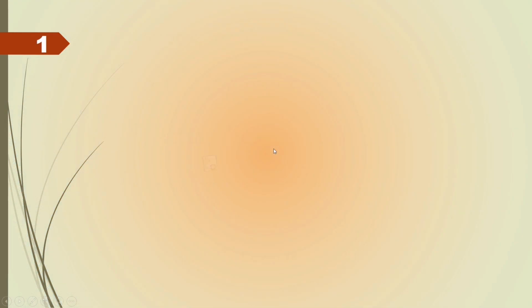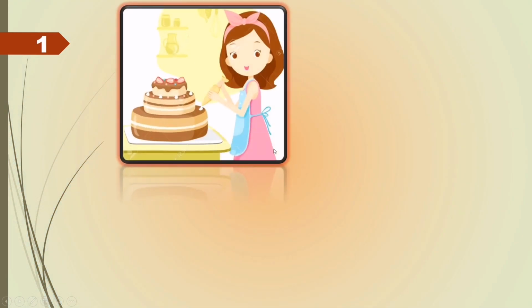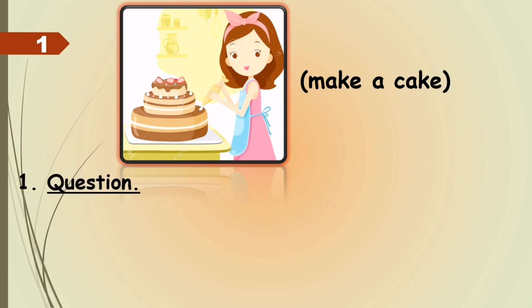The first picture. Look at the picture and the phrase given. Make a cake. First, ask a question based on the picture. Remember the question order. Begin your question with what, then the verb to be. Look at the picture.